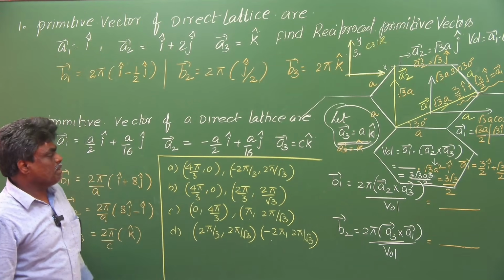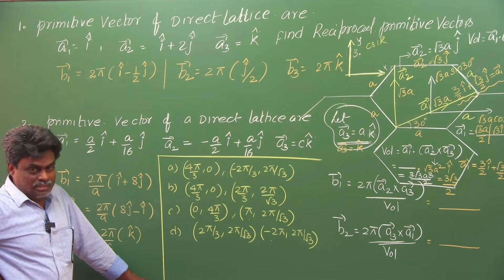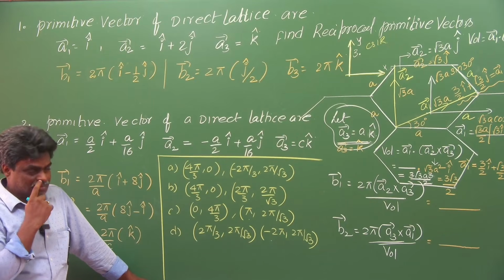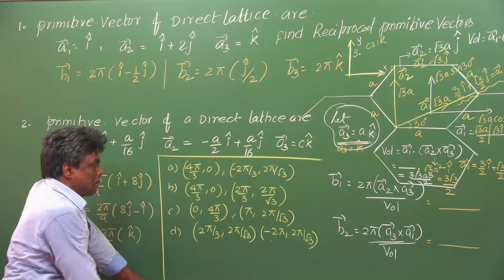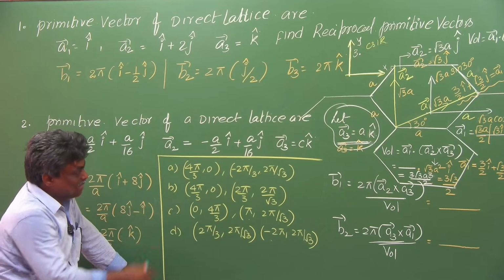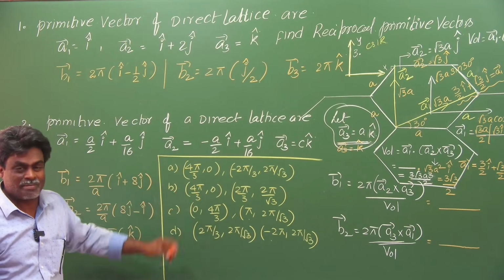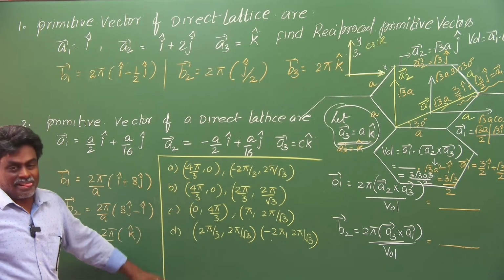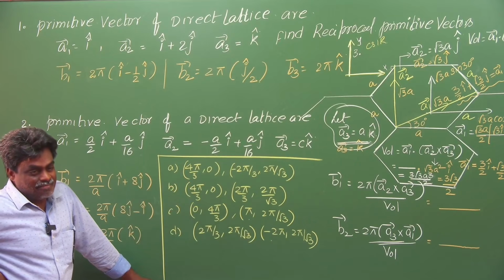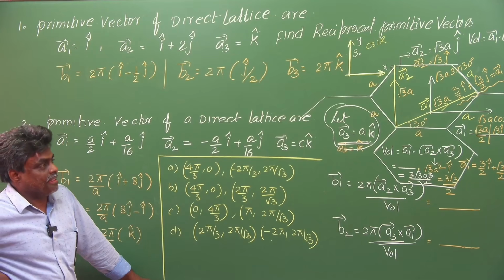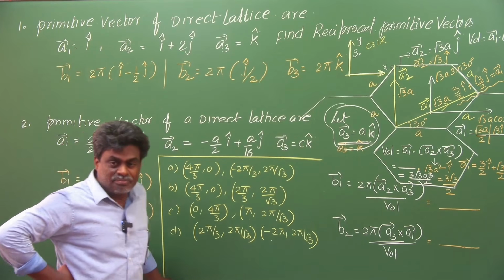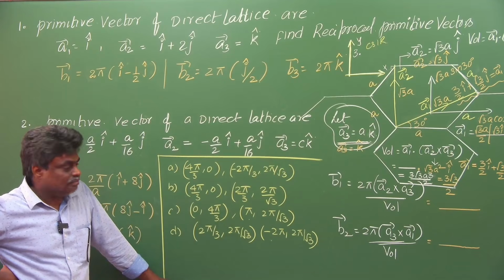How much did you get for B1? 4π by 3A, and A is 1. So what is your answer? You don't know yet. You have to go to the next one, because they have given two options the same, either A or B. Find B2.